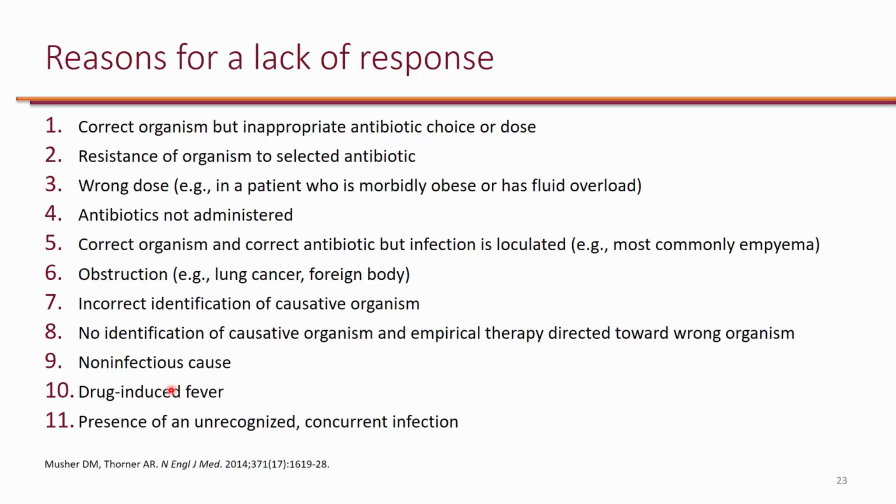Of course, we have to make sure that the patient is clinically improving before we change from IV to PO. Sometimes the patient may not be improving, and there could be different reasons for it. One reason could be that we have identified the correct organism, or empirically we are targeting the right organism, but we use the inappropriate antibiotic, or we were using the wrong dose. So it's important to target the right organisms, use the right antibiotics, and also use the right dose.